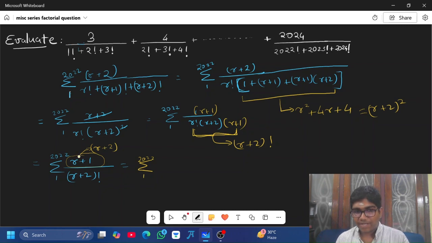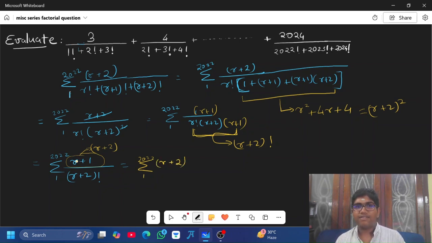The number of terms will be determined by the degree of the polynomial in the numerator. Here the degree is 1, therefore only r plus 2 is required to simplify. Had it been a quadratic, r square, then what you need is r plus 2 times r plus 1. Two terms from r plus 2 going backwards, and then just adjust the numerator so that you get the same thing. I will show it here. Start from r plus 2.